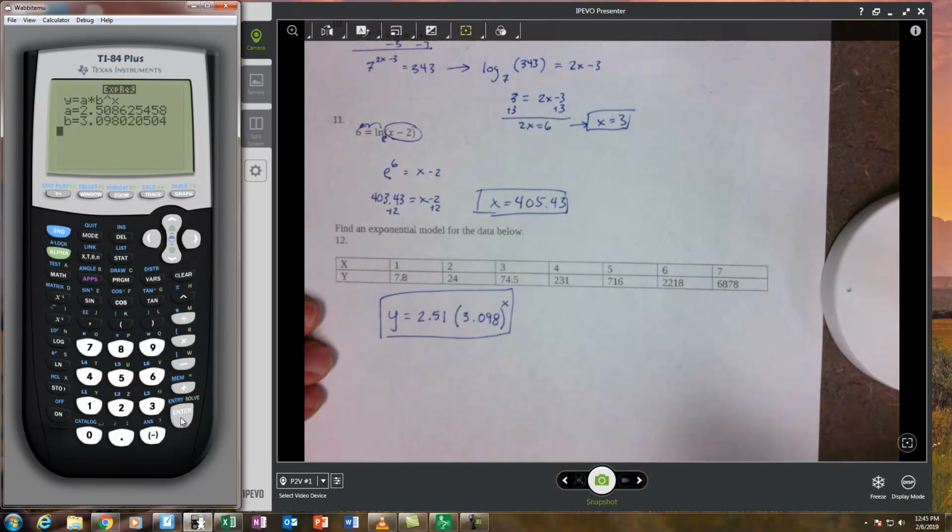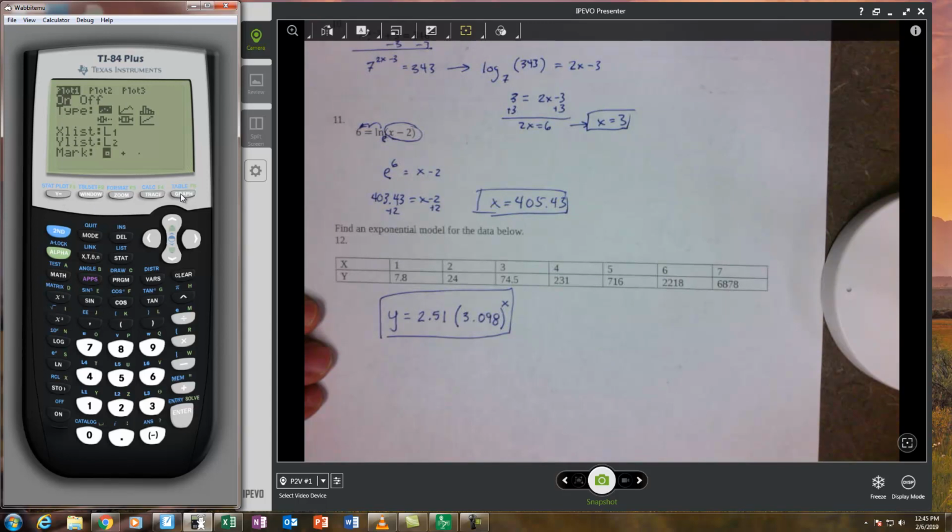As a side note, since I've got you here, I'm actually going to graph this. I want to show you what we just did. 2.51 parentheses 3.098 raised to the x. I'm going to turn on my stat plot so I can see the graph of my data.